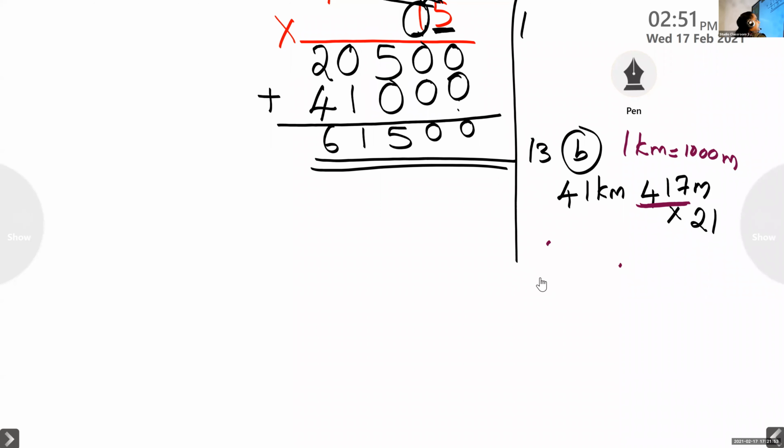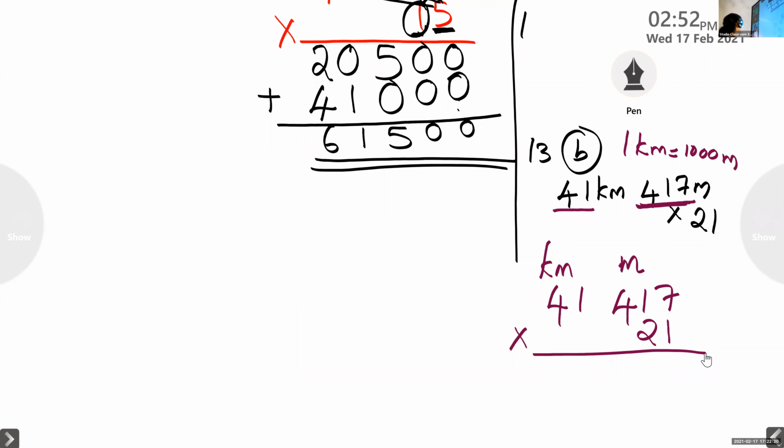So write kilometer and meter. Below that, 41 kilometer, right here 41, and meter, how many? 417. Then multiplied with 21. Do that alone, all of you.